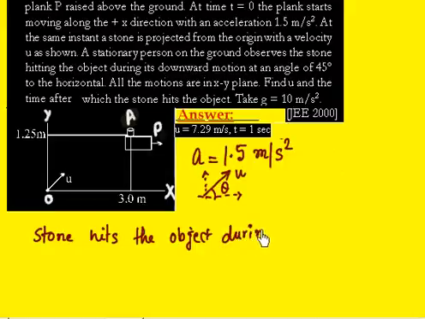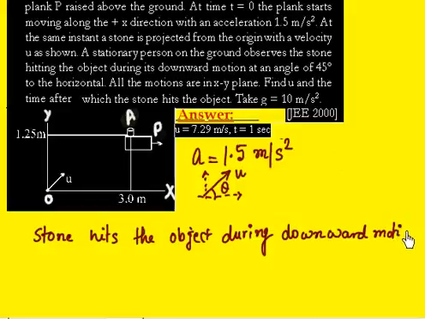Are you getting or not? This is important. And at this point of time, the stone makes an angle of 45 degrees to the horizontal. Are you getting or not?